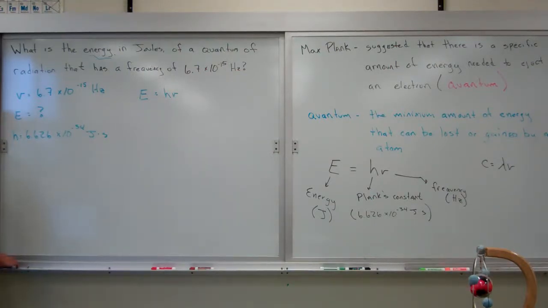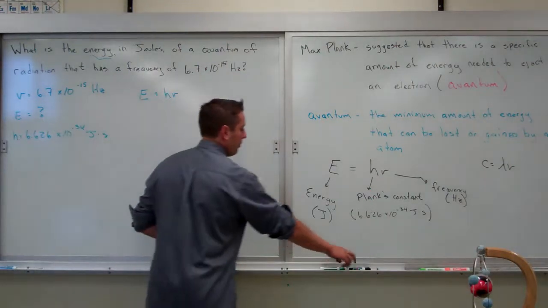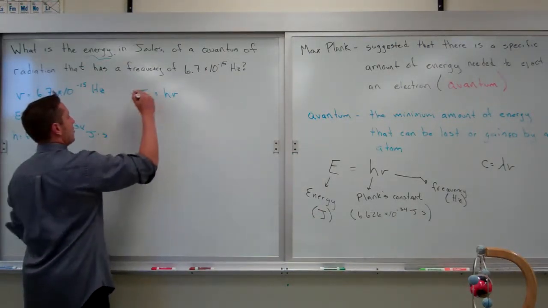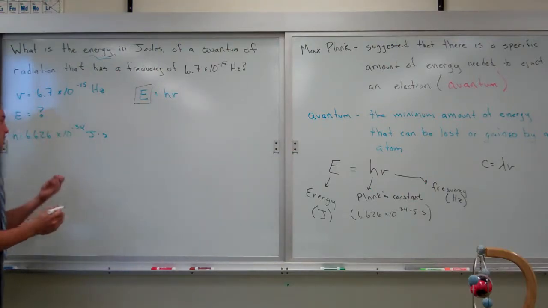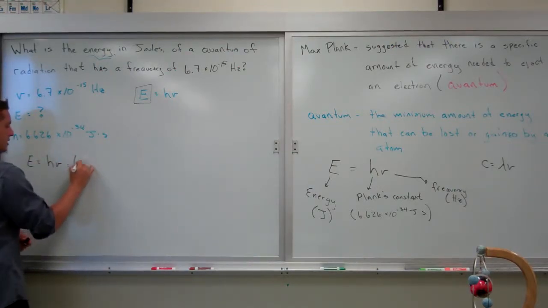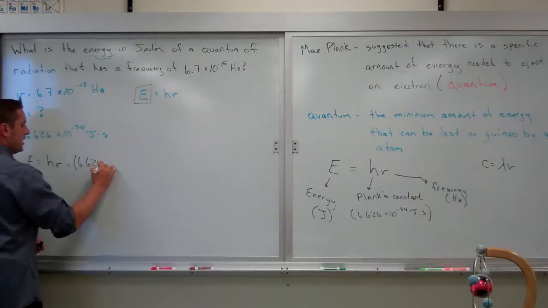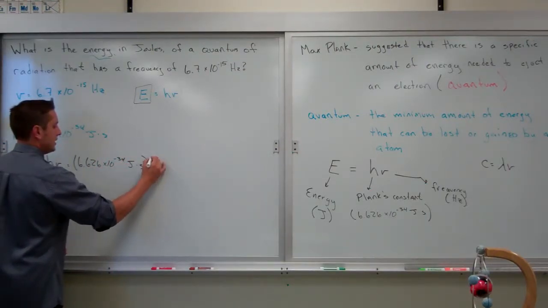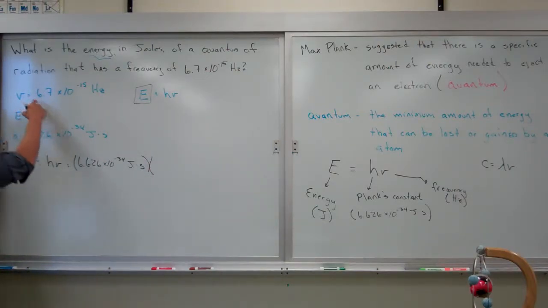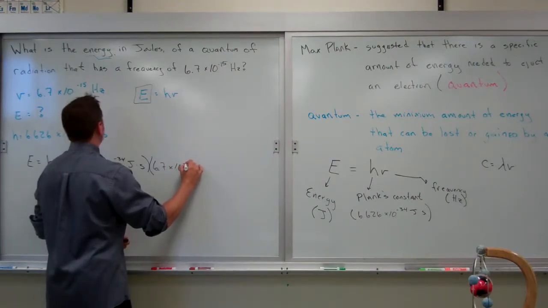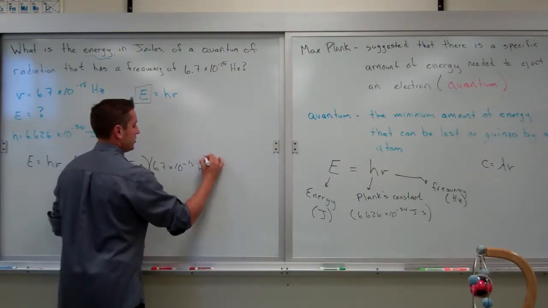From here out, it's just like we used to solve the last problem. Get the thing you're looking for by itself. We want energy. Energy is already by itself, so we can just plug in. h was 6.626 times 10 to the negative 34th joule seconds. v, 6.7 times 10 to the negative 15th hertz.